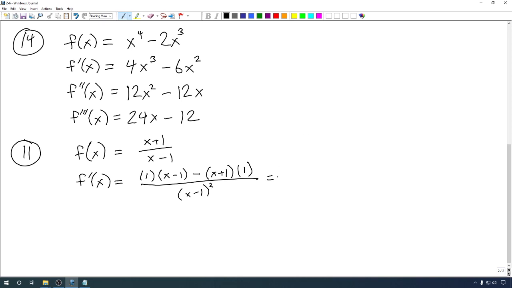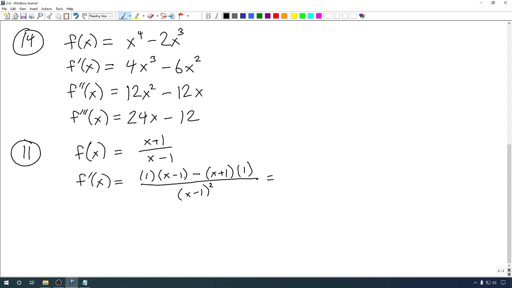Now, if we're just looking for the first derivative, we could just leave it the way it is. But since we want to differentiate this again, it would be nice to have it written in a slightly nicer form. So we can actually do the derivative real easily. So I'm going to simplify the top. It's actually not too bad here, because the times 1s don't really matter.